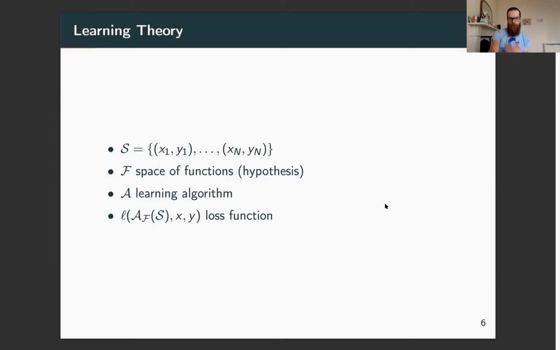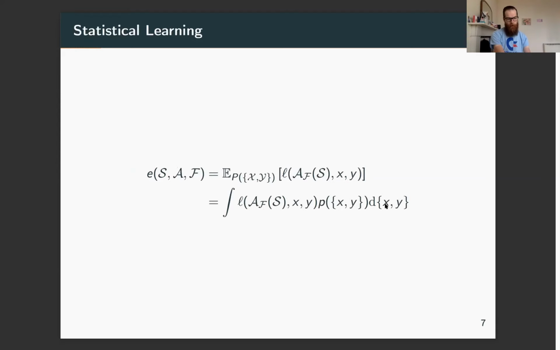So what we now want to do when we do machine learning is to somehow find a good hypothesis. So what would be a good hypothesis? How do we actually classify that? Well, the sensible thing would be to try and find a hypothesis that would minimize my expected error on all possible data.